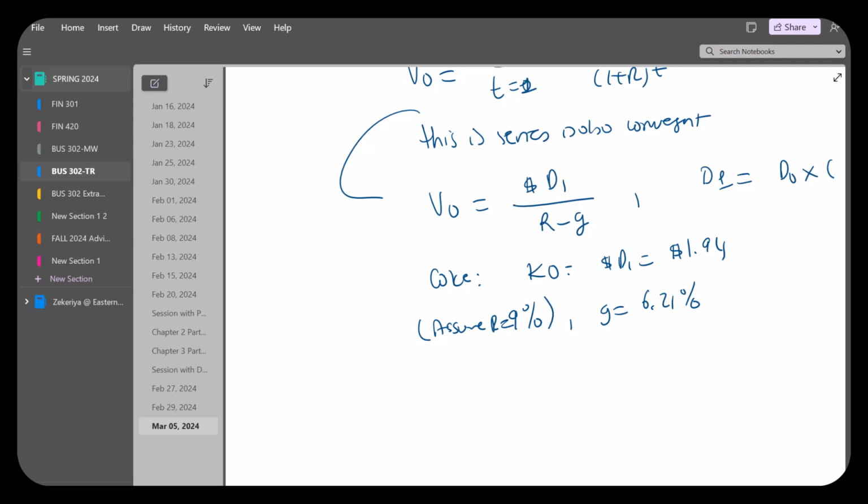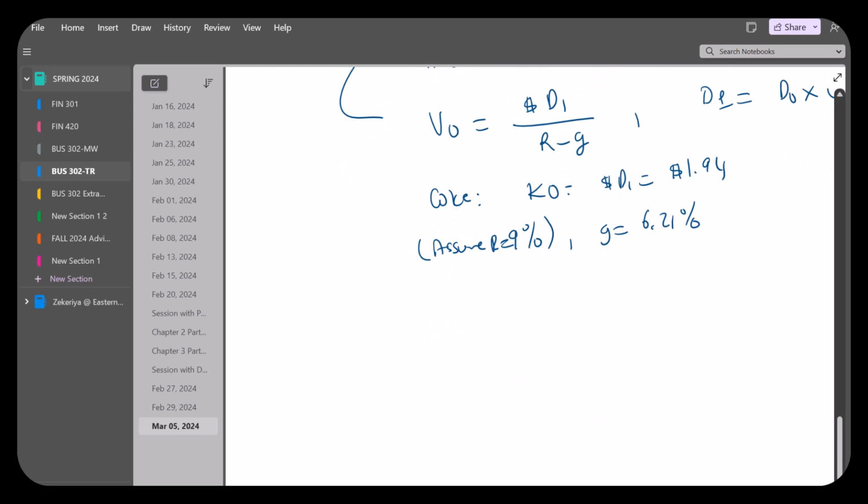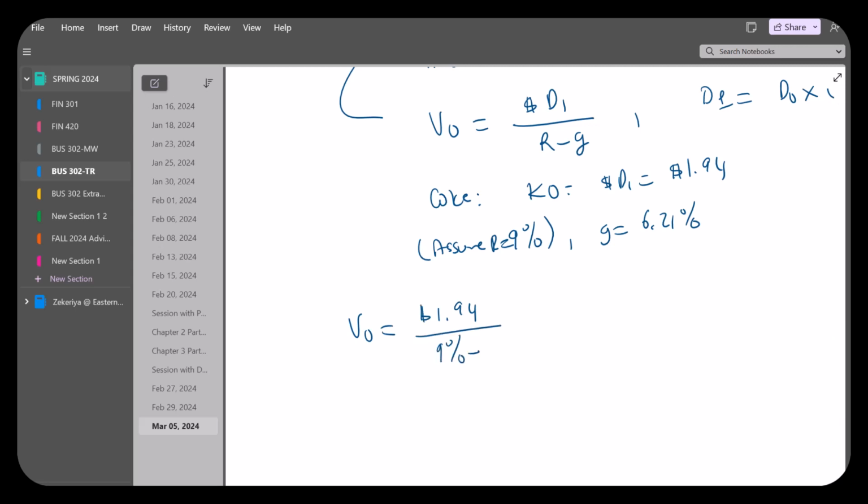So value of Coke is going to be then 1.94 divided by 9% minus 6.21%. And I can calculate that right here.